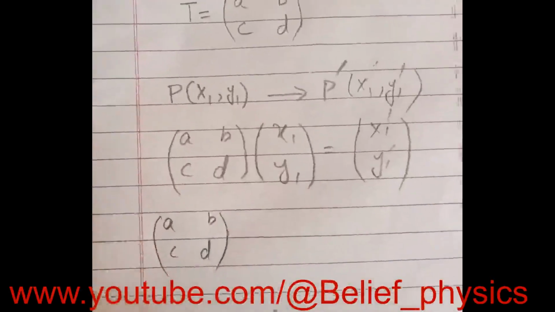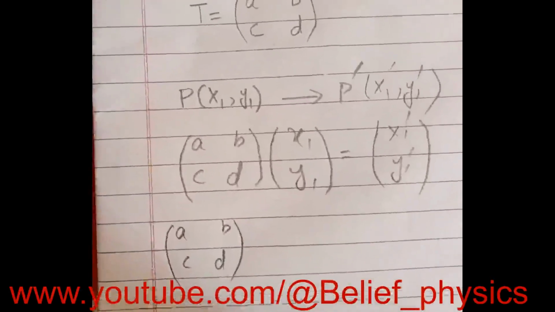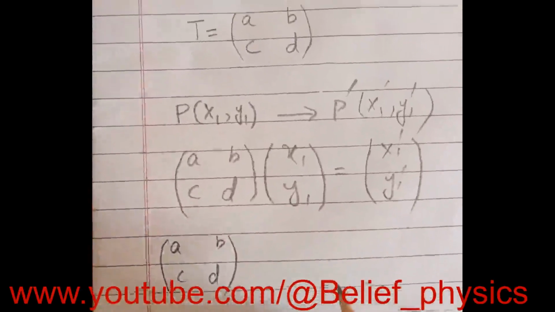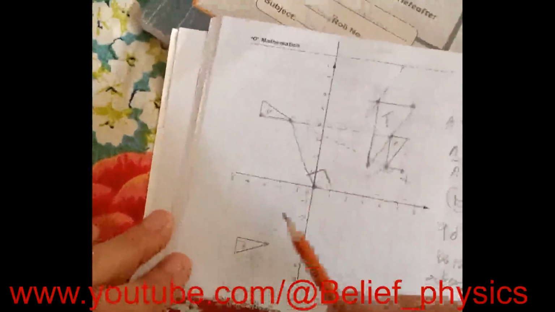Then here are the points of the objects. This is the object. The question is: Q is the object and R is the image. So Q, this is the object. This point is reflected, mapped here on this point. So what is the original point?